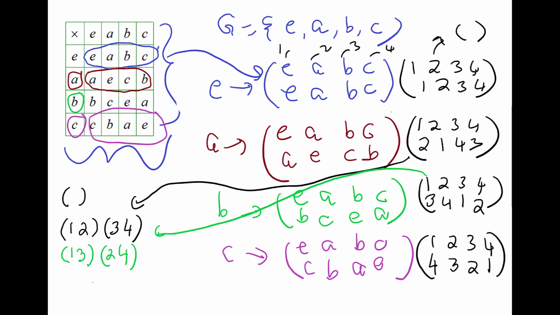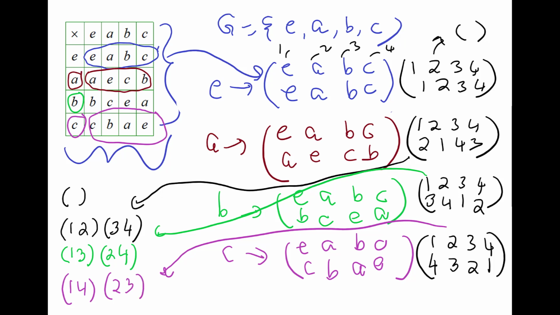And then for this one, what we got here is 1 goes to 4, 4 goes to 1, so we got (1 4), right? Then 2 goes to 3, and 3 goes to 2.